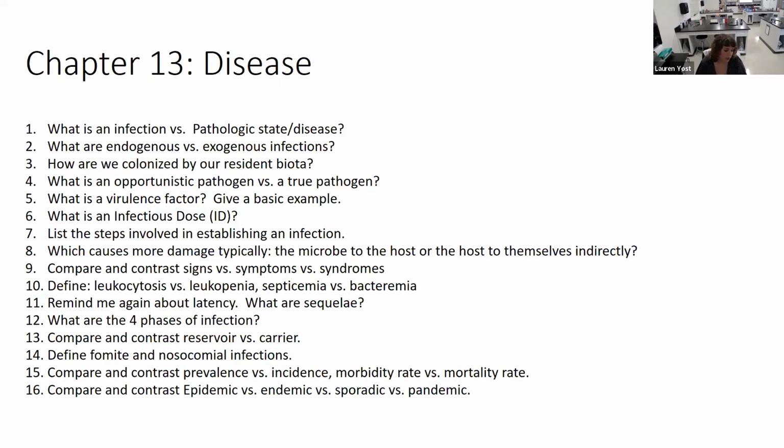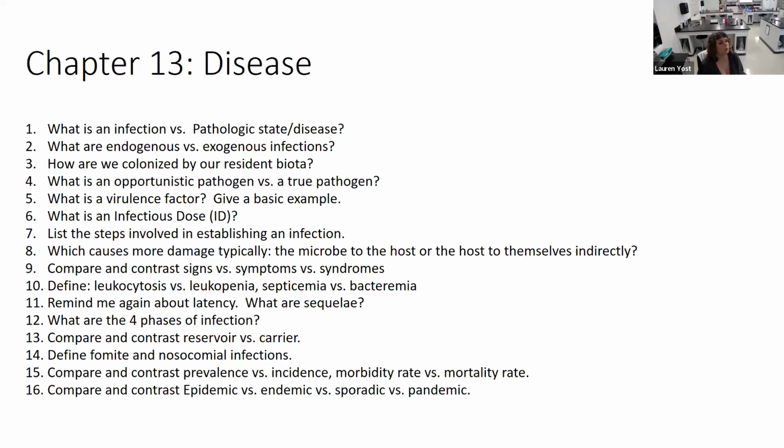Reservoirs versus carriers. Reservoirs are beings where pathogens can grow within them, usually causing no or low level disease, usually with some sort of symbiosis or something like that.